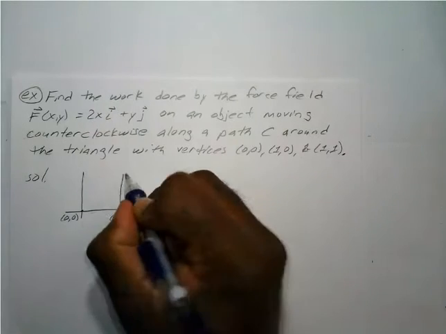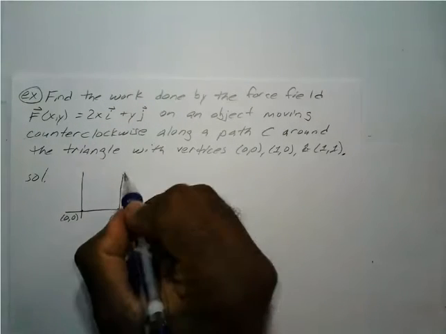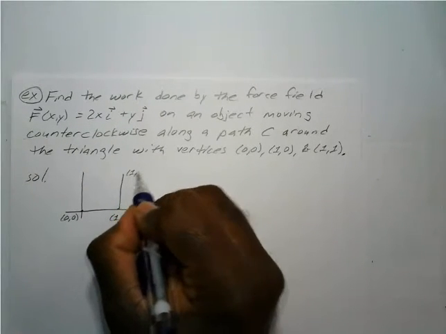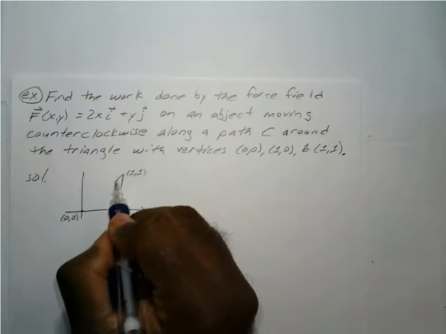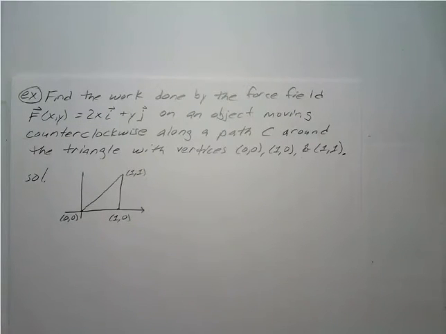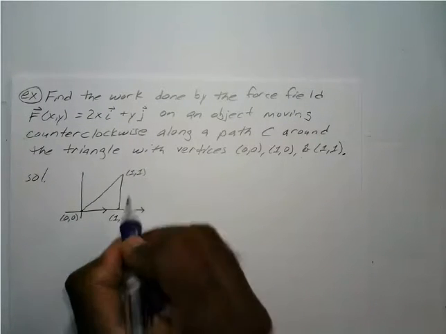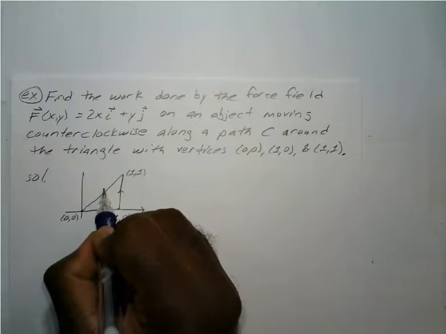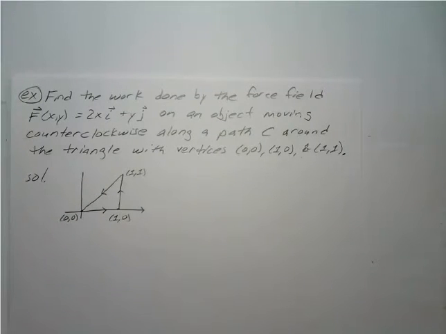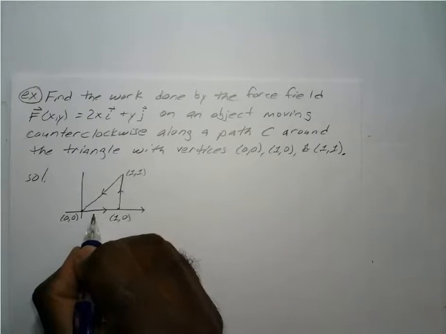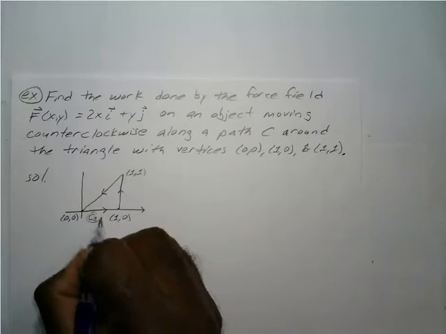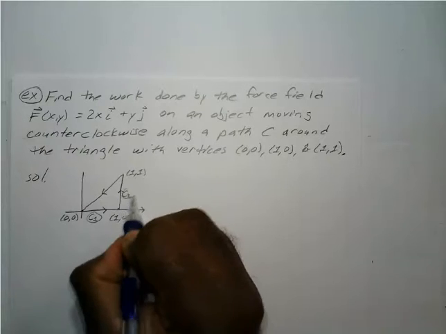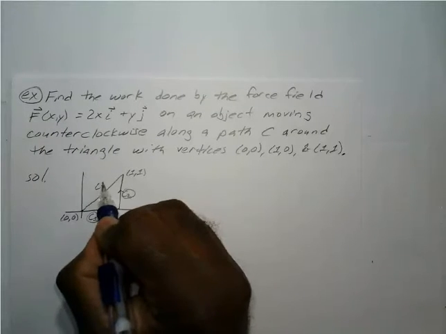And of course, this is our point (1, 1). There we go. And we're going counterclockwise, so we're going in this direction. We're going to call this C1, C2, C3.